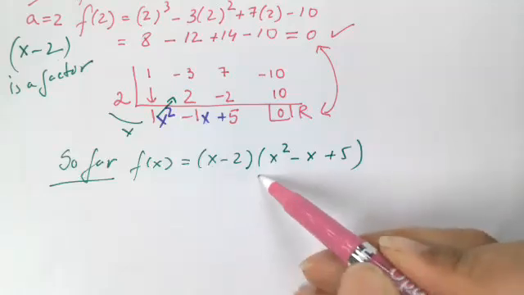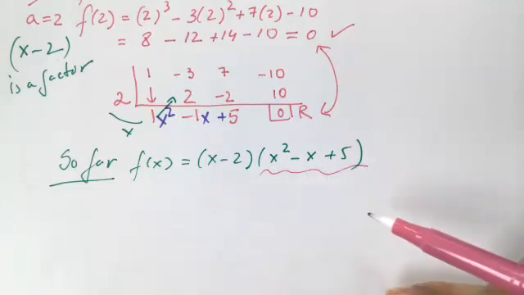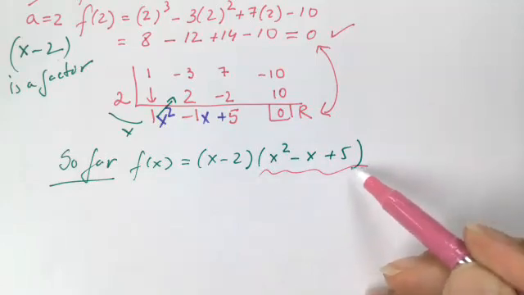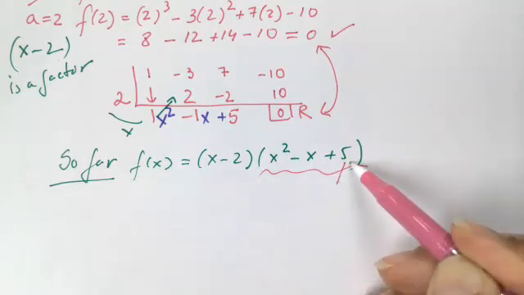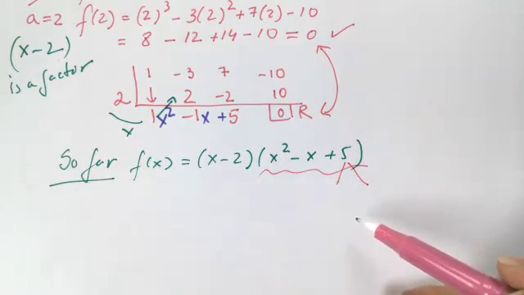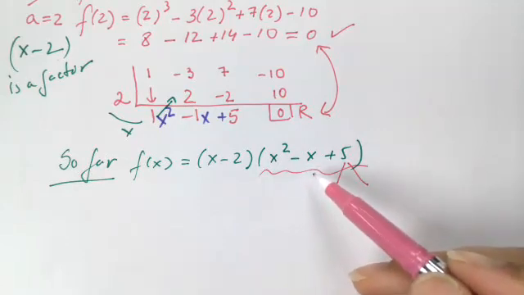This is a quadratic. You're just going to use quadratic methods to see if it's factorable. So we have free term 5. Can I find 2 factors of positive 5 that add up to -1?